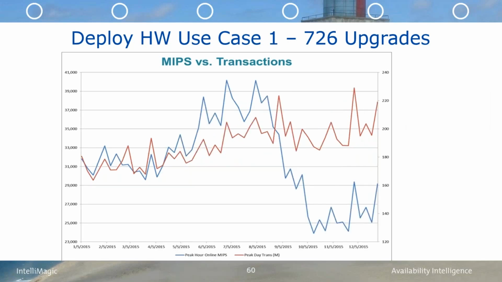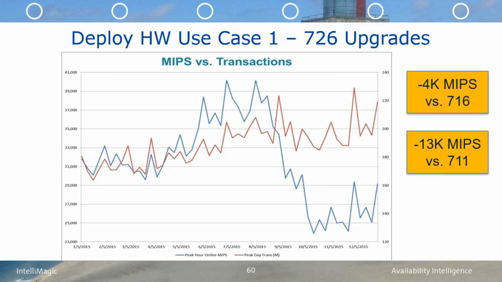Ultimately, all the previously acquired capacity was deployed through upgrades to 726 models, further reducing MIPS consumption, the blue line. So this resulted in an additional 4,000 MIPS savings versus the 716s, a 13,000 MIPS reduction from the 711, and a net 9,000 MIPS savings from the zEC12 starting point, which, as you can imagine, is resulting in substantial MLC savings every year going forward.